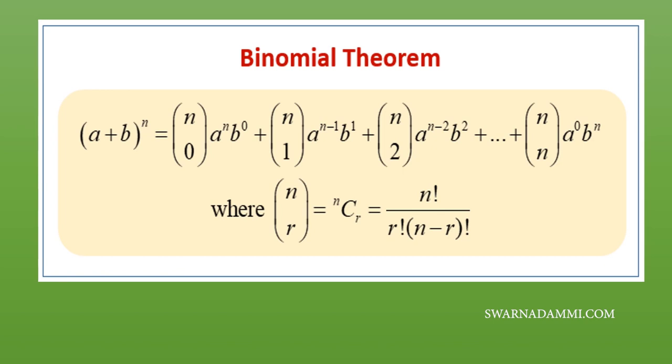(a plus b) to the power n equals nC0 a to the power n b to the power 0 plus nC1 a to the power n minus 1 b to the power 1 plus nC2 a to the power n minus 2 b squared plus ... plus nCn a to the power 0 b to the power n. This is what we call the binomial theorem.